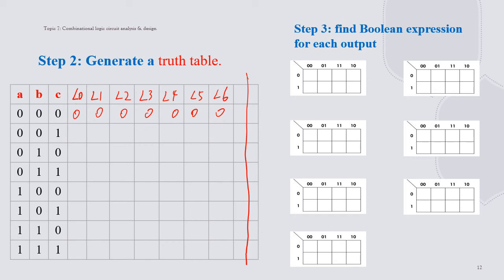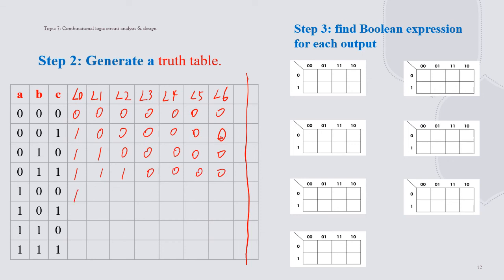Then we tune the volume to the first level. So LED 0 will be on, right? The others will still be off. Then to the second level, so this is decimal 2, right? Then the bottom 2 LEDs will be on. Now level 3, the bottom 3 will be on.